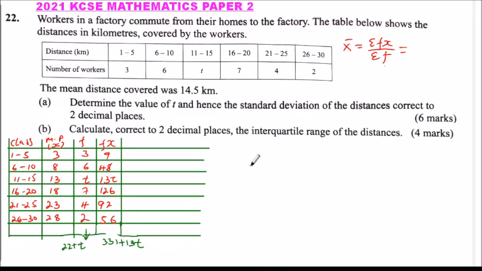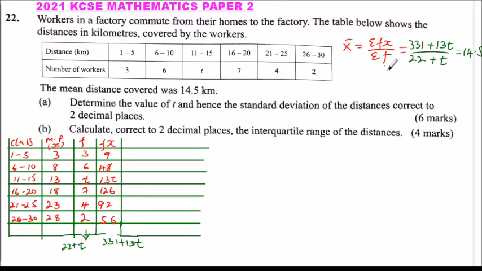So now we come here and say 331 plus 13t divided by 22 plus t should give you 14.5. Now that is correct. So we now cross multiply.